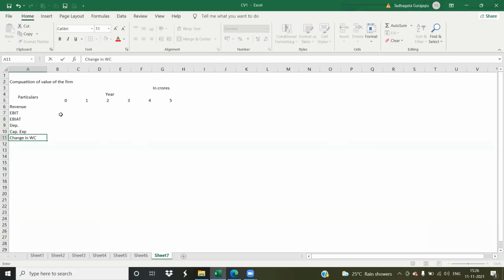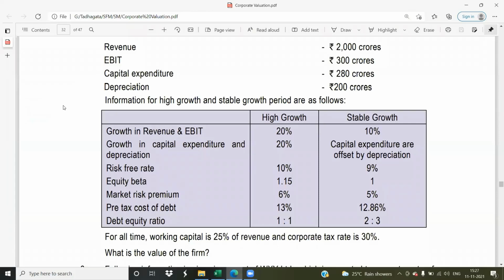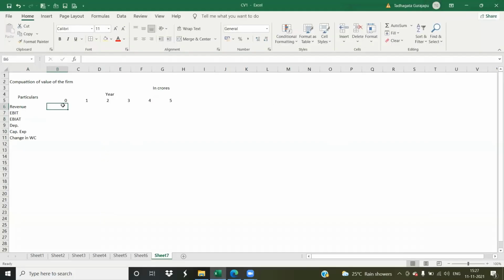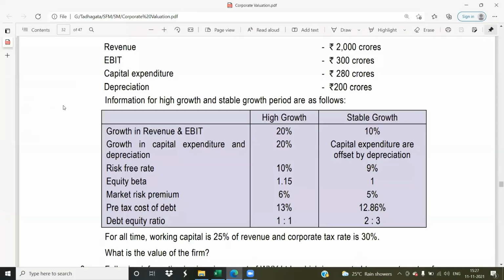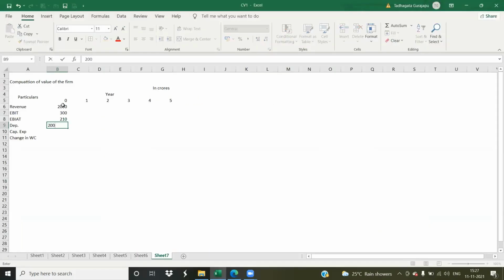So now let us take revenue for the base year and put in all the base year figures. 2,300. EBIT is around 300 into (1 minus tax rate), that is 210. Depreciation is 200. Capex is minus 280.